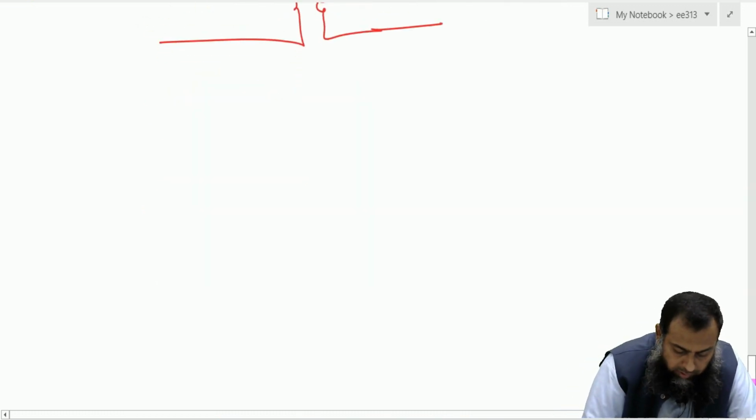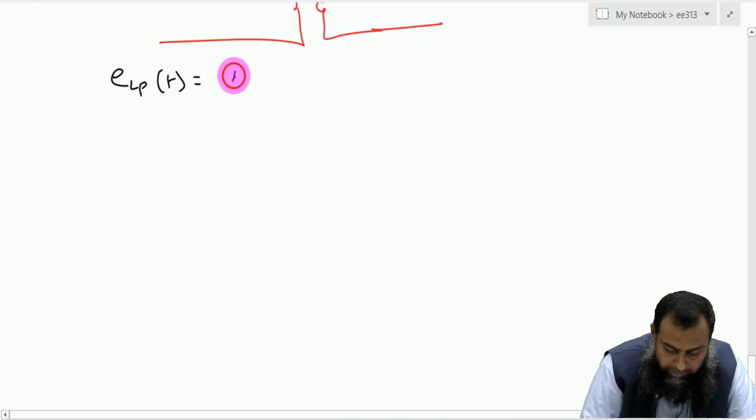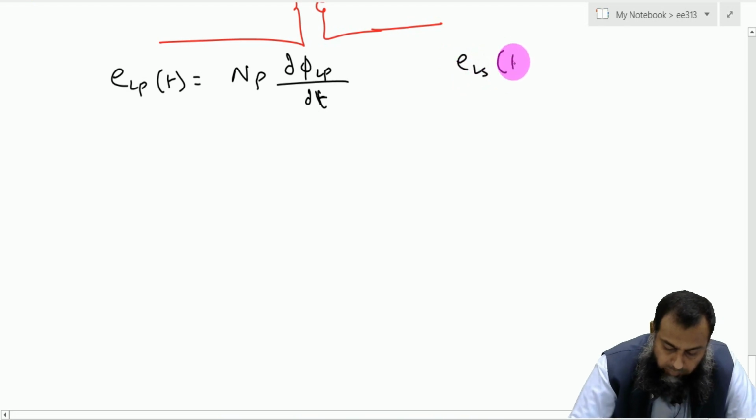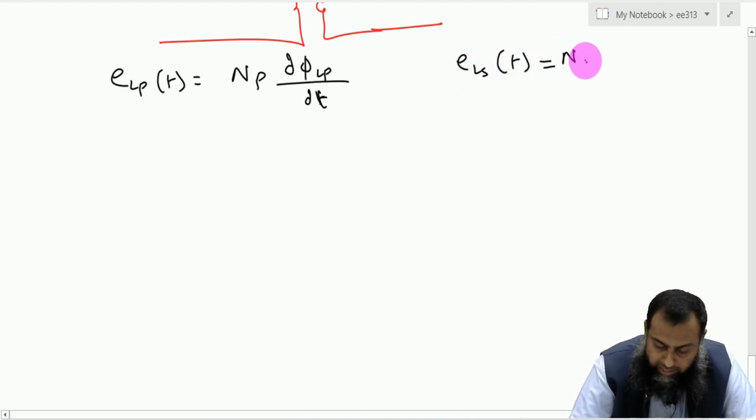We know that the leakage EMF ELP is equal to NP d phi LP over dt. This is the leakage due to the primary side, and similarly we have leakage due to the secondary side, where this is NS d phi LS over dt.